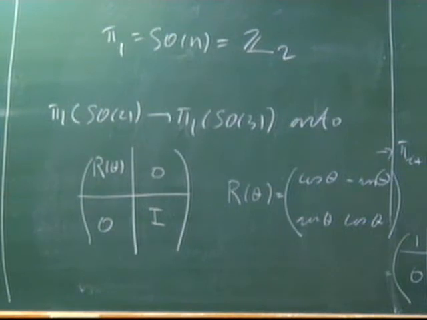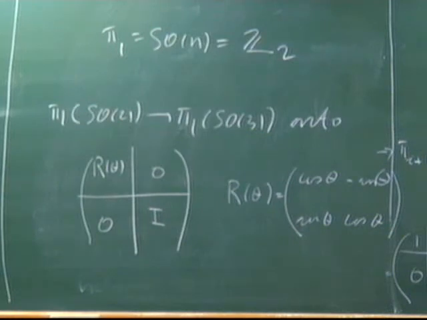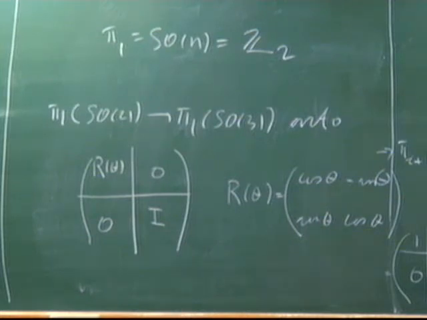Twice times that is 0, which is not obvious. Right? Well, there's a way to visualize this. So it is in SO3 already. So I rotate by 180 degrees in R3. That's non-trivial. And I claim twice times that is trivial. How does that go again?